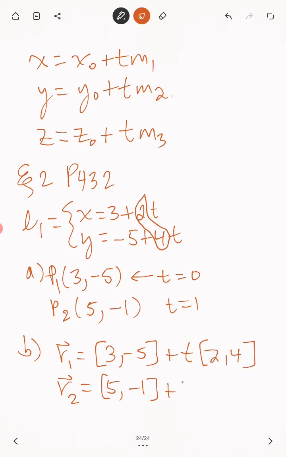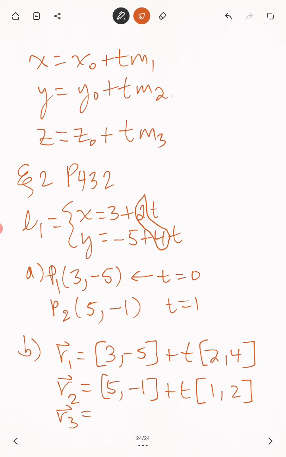But we could use any vector that is parallel to (2, 4), because that would also be a direction vector for the line. And if you think back to collinear vectors, vectors that are on the same line are parallel, and they're also scalar multiples of each other. So one scalar multiple of (2, 4) would be (1, 2). That would also be a possible vector equation for this line.